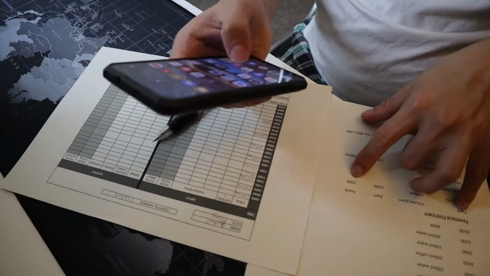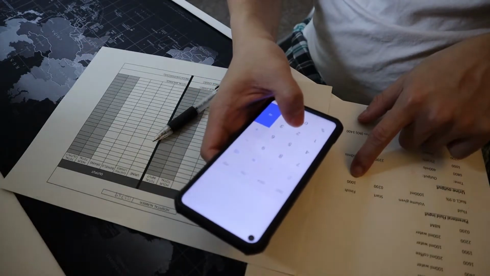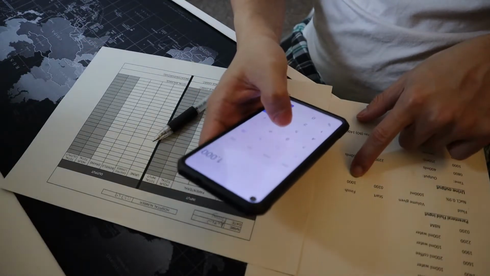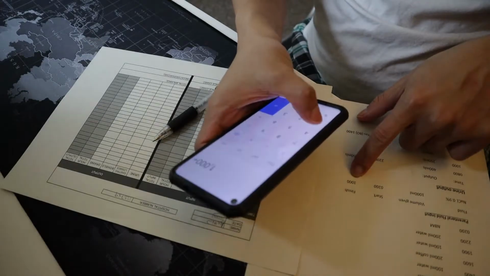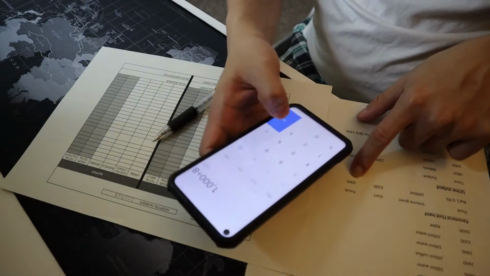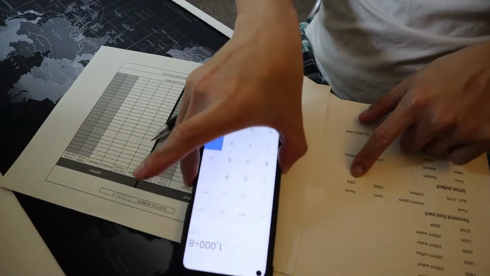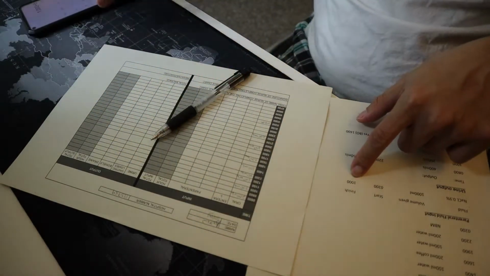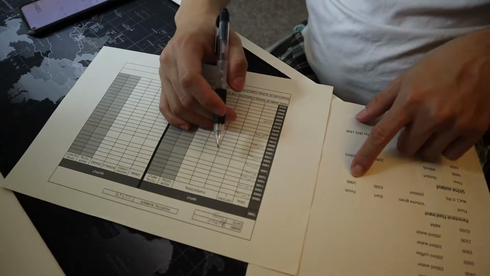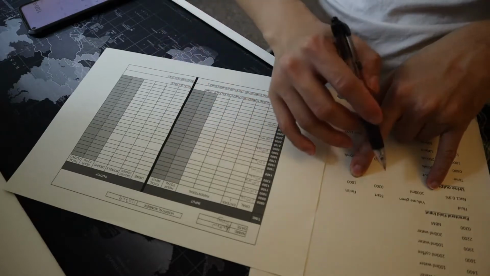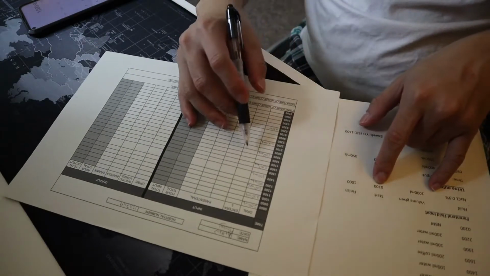Anyway, we will be provided with a calculator in the exam. 1000 divided by 8 equals 125 mLs. So let's start at 2 o'clock.